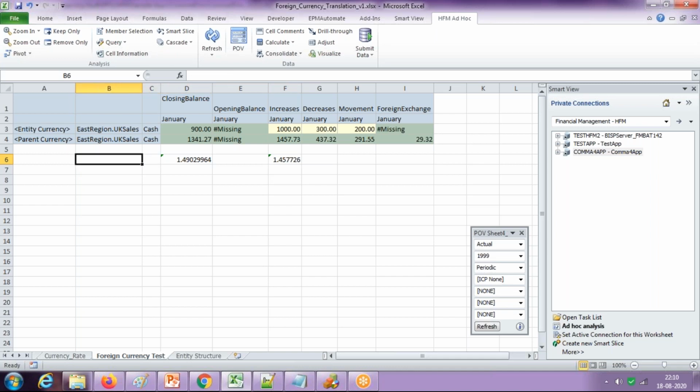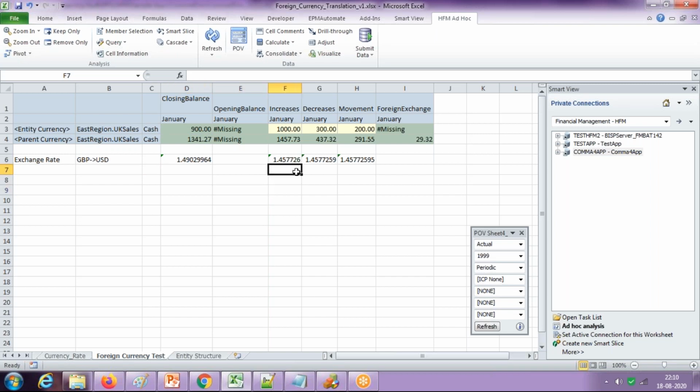So this is GBP, Great British Pound, to USD exchange rate. Right. This is the rate. So the rate for both of them. So when you multiply this value, closing balance multiply currency exchange rate, right, which is 1.